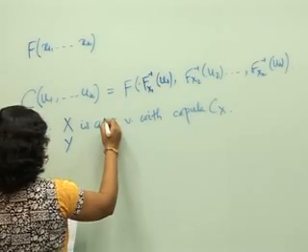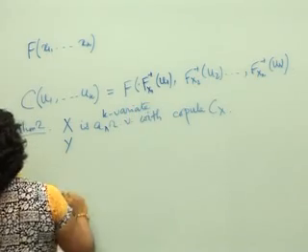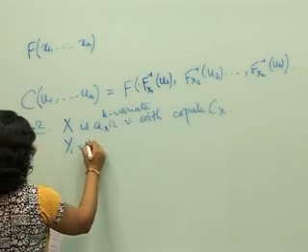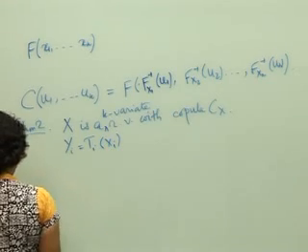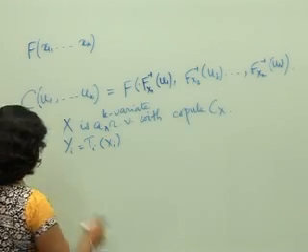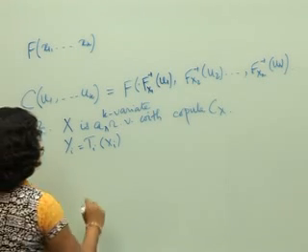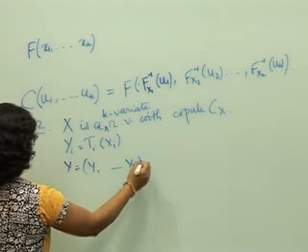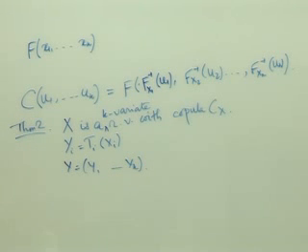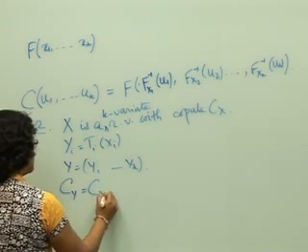This is a k-variate random variable. Now yi is some ti of xi, so component-wise we are defining a function, and we call y this vector y1 through yk. The theorem is that the copula of y is the same as the copula of x.